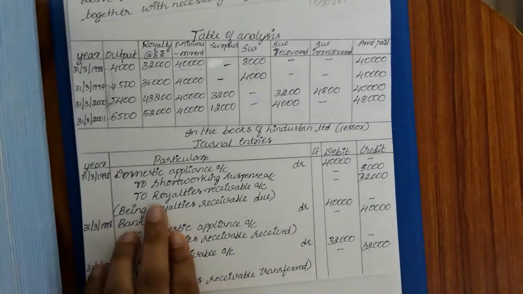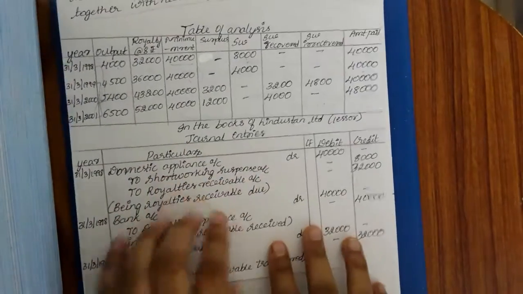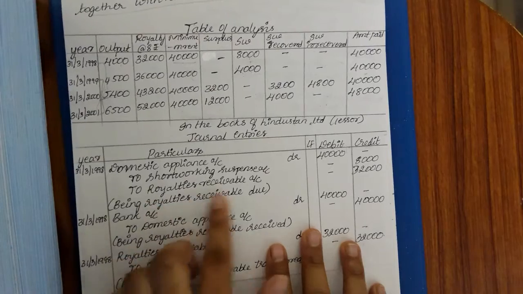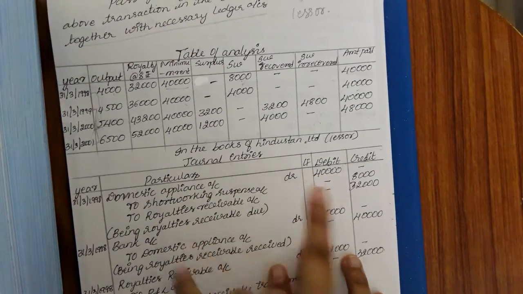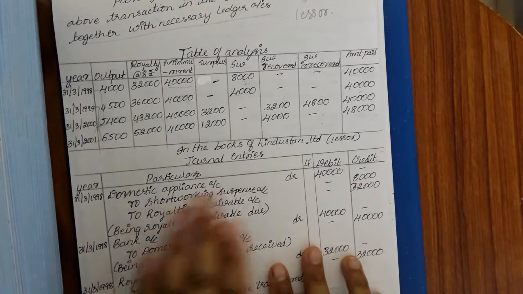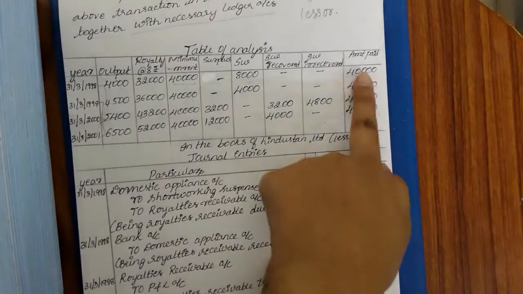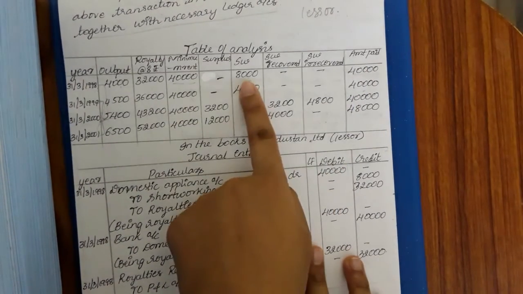See, I have written lessee. Who is the lessee here? The domestic appliance is the lessee, right? So lessee's account debtor, short working suspense account, to royalty account. Take for example, you are the lessor, the owner. First you will be recording whatever he has paid for you. 40,000 he has paid. So he has written 8,000 as short workings.